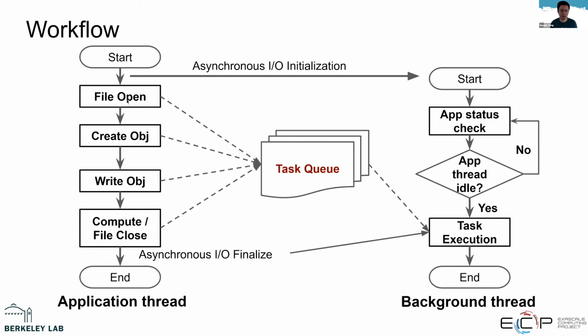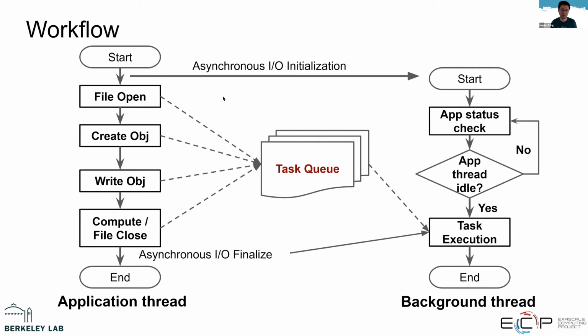Then the application thread does the next HDF5 call, and it also acquires the lock, which prevents the background thread from executing the task asynchronously.